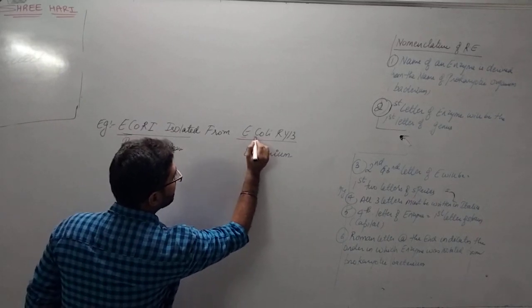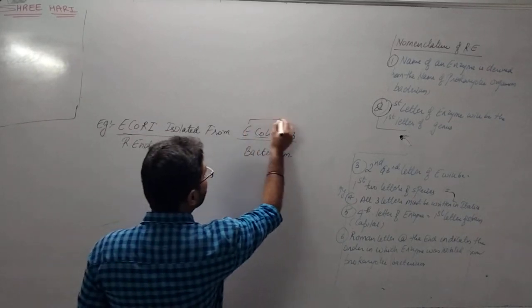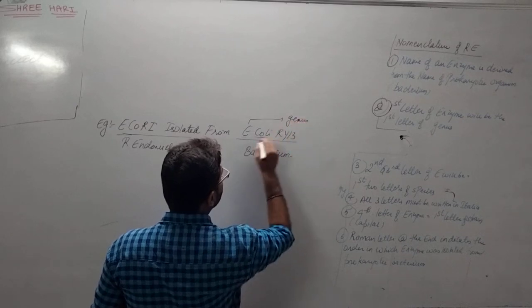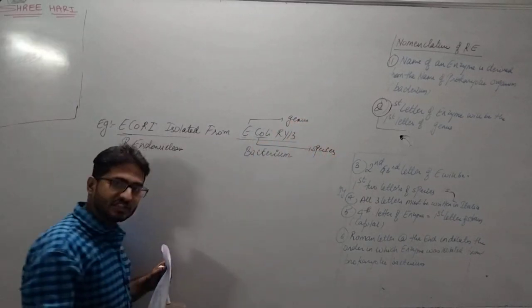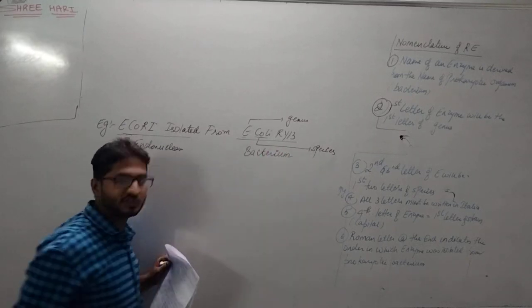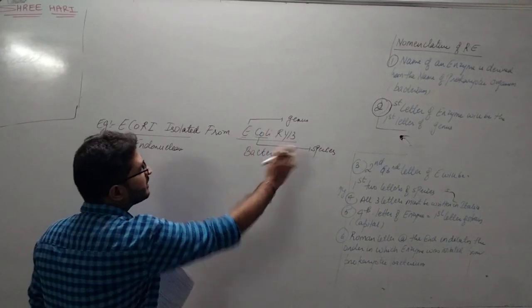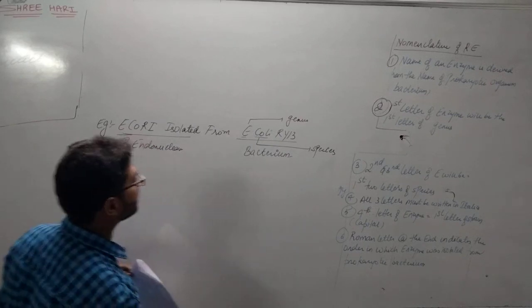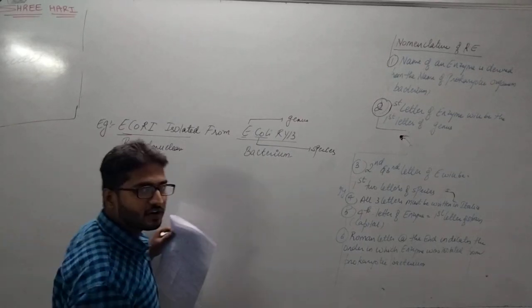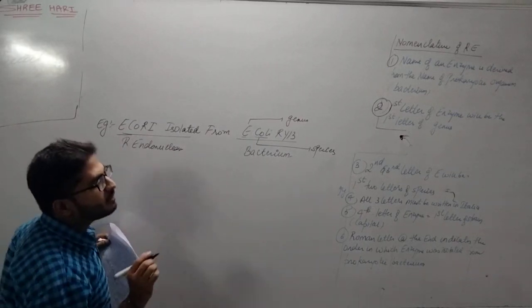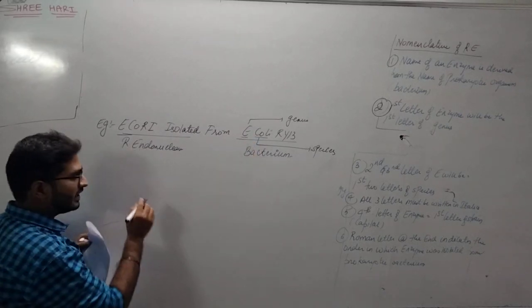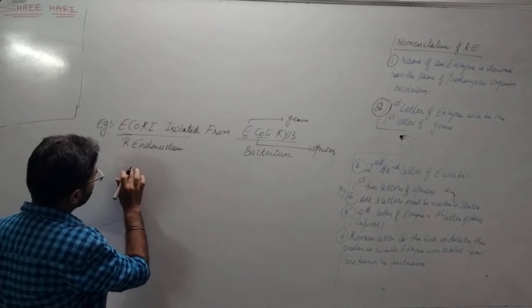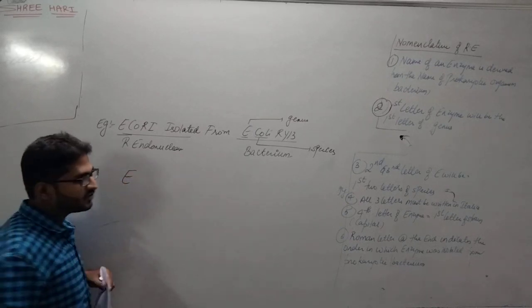Here, Escherichia is the genus and coli is the species, the generic name and the specific epithet of the bacterium. What is the first letter of the genus? E. So E will be the first letter of the enzyme.